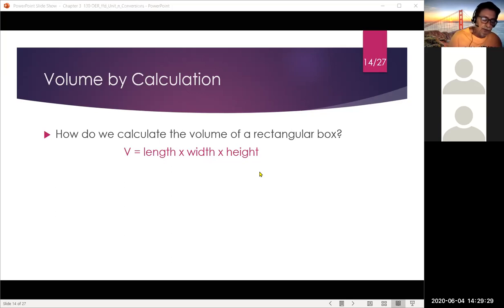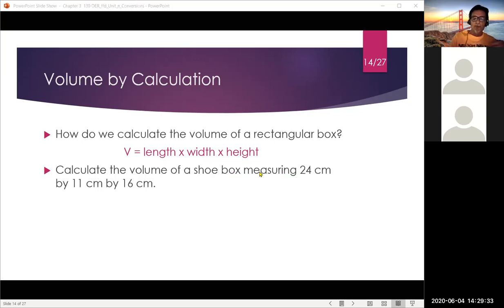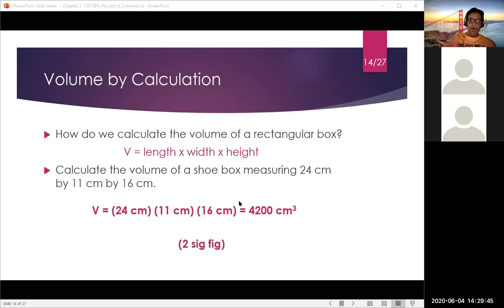Length, width, and height. And so if we're given a shoebox with these particular measurements, 24 centimeters by 11 centimeters by 16 centimeters, we can calculate the volume, also keeping track of your units.